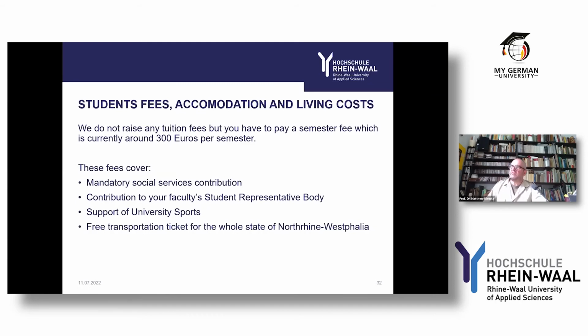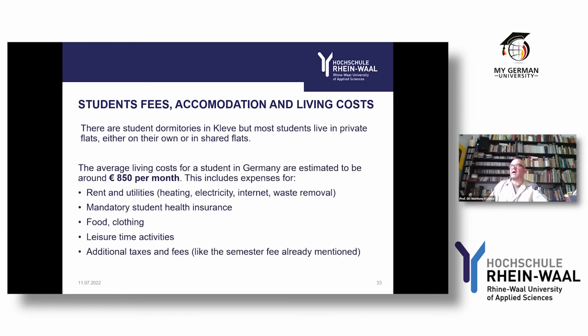So if you want to go to Dortmund, Cologne, Düsseldorf, or wherever, the transportation is free. There are other expenses which are covered. The student representative body gets some money, and also the university sports. This is actually about the money at our universities.